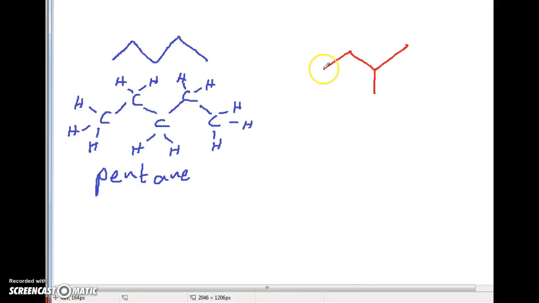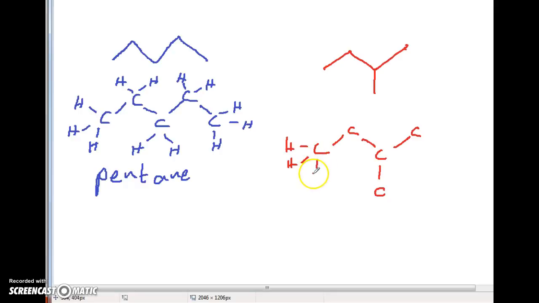Okay, so in the main chain we've got 1, 2, 3, 4 carbons. So that's carbon, carbon, carbon, carbon, each joined with a carbon-carbon bond. And then we've also got a carbon-carbon bond just here. So fill in all the hydrogens.